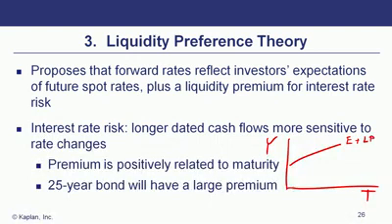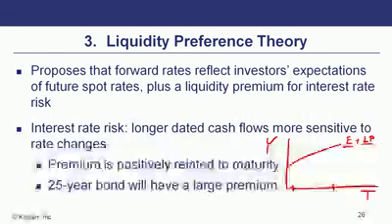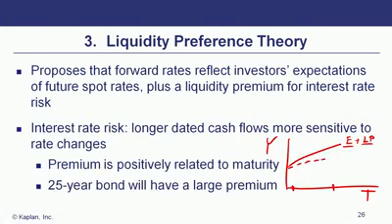So if I buy a short-term bond, I don't have any risk, right? So if I'm way down here. But if I buy a long-term bond, I need expectation, plus I need to be compensated for the additional risk. So what's observable is both the expectations and a liquidity premium that's related to maturity. It's not the case that we can observe expectations, but if we could, maybe expectations would look like this.